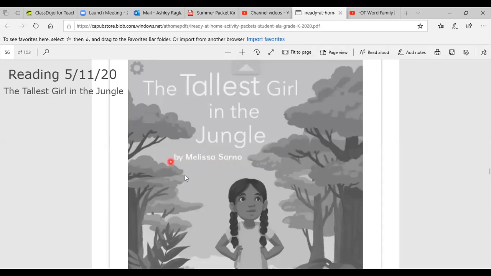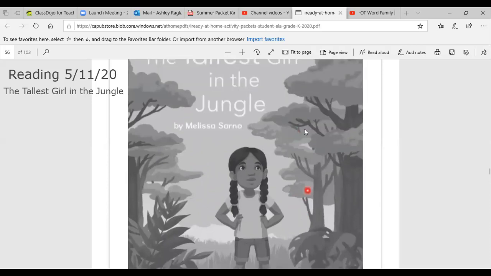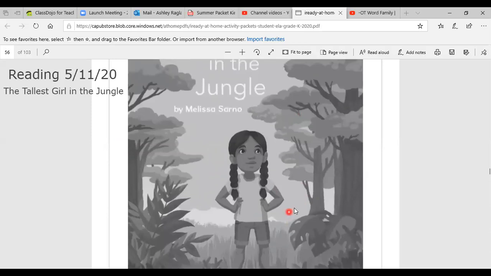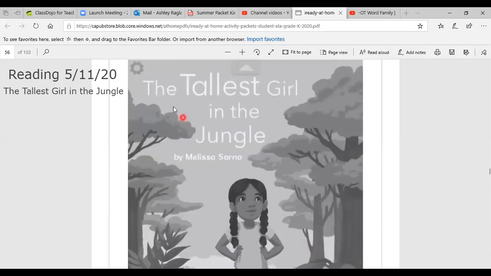By lets us know that she's the one who wrote the book. She's the author. And this one is not telling us who the illustrator is, but you know the illustrator is someone who either colors or draws all of the pictures. So all the pictures you see are done by the illustrator. Okay, so let's start reading.